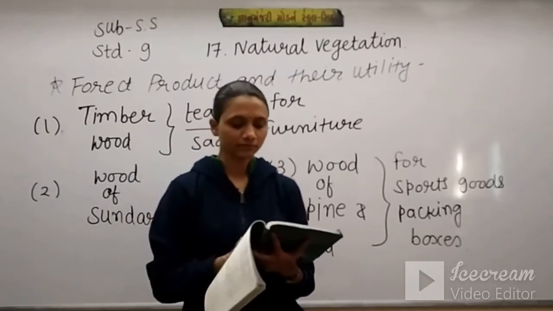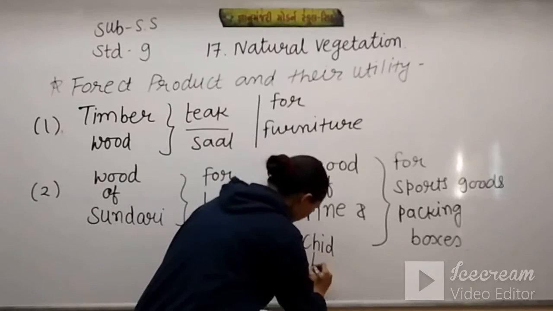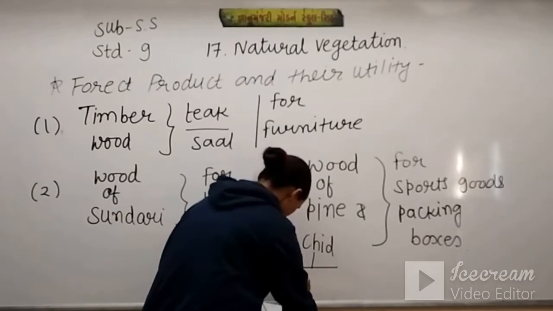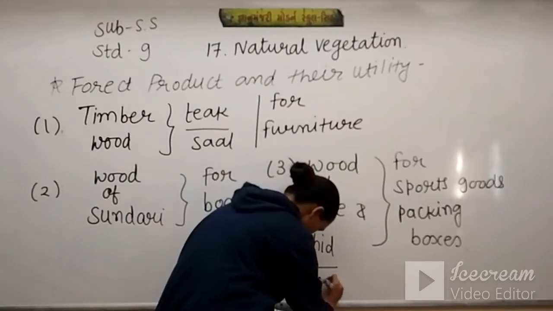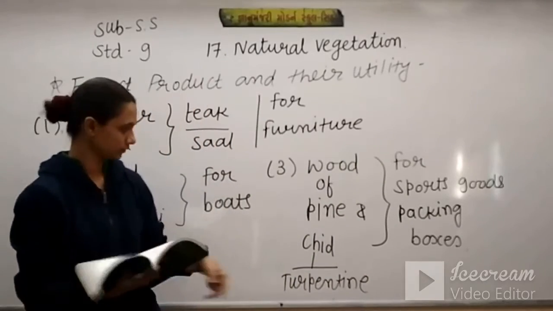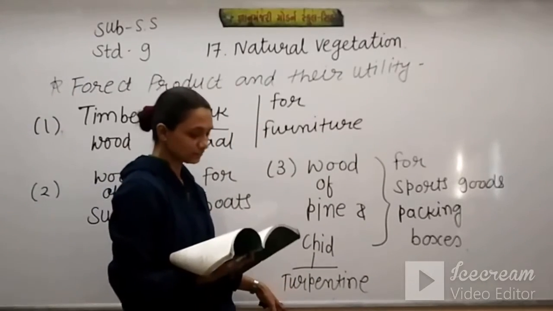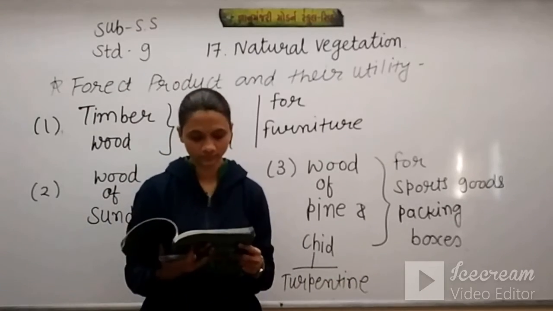Turpentine is prepared from the liquid of chir trees. Again, turpentine is made from the liquid of chir trees.